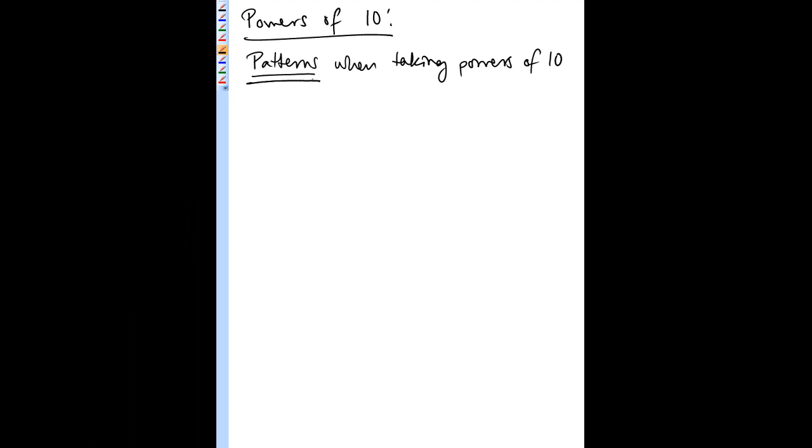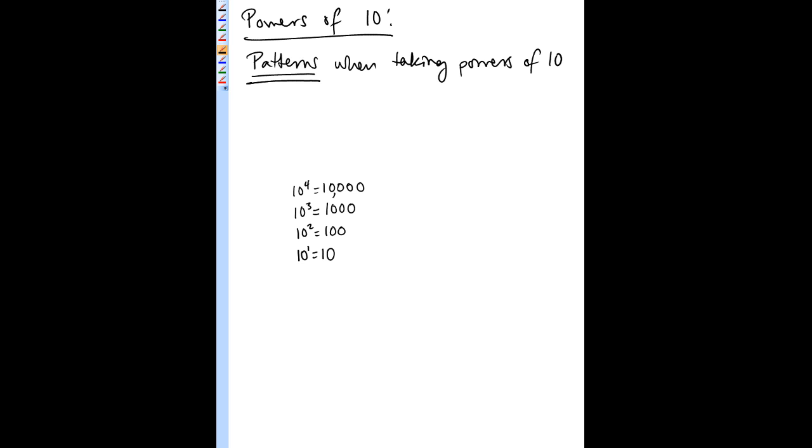So let's start with the simple ones. We know 10 to the 1 is just 10 by definition, right? We know that 10 squared is 100. 10 cubed, we just take 10 squared and multiply it by another 10, so that's 1,000. 10 to the 4th power, that's going to be 1,000 times another 10. That's going to be 10,000.